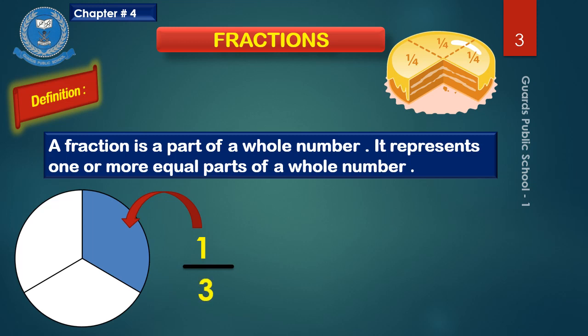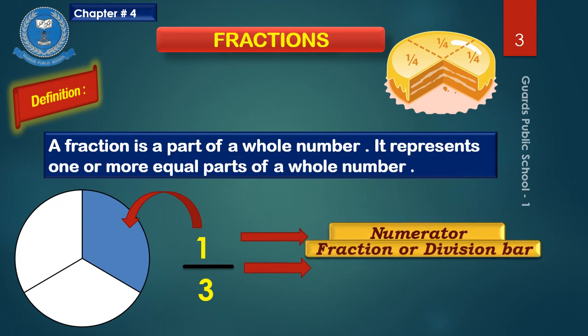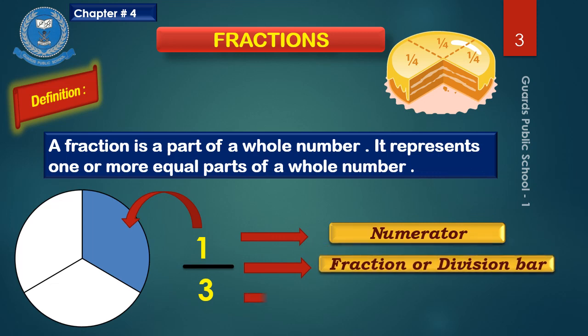Both are separated by a line. In simple words, but there are names for them in a fraction. The upper or top part, which represents the colored part, is called the numerator, and the line separating the upper and lower part is called the fraction or division bar, and the lower part is called the denominator, which represents the total parts of a whole.